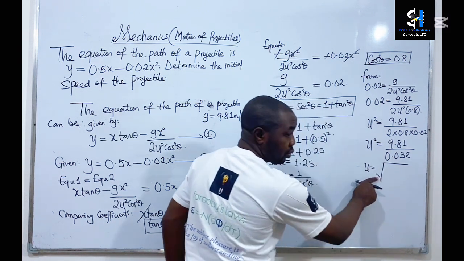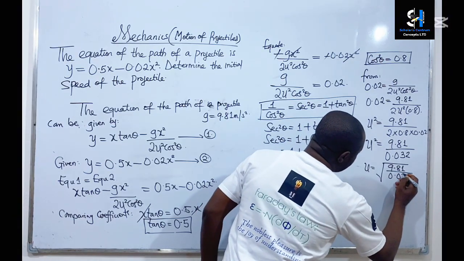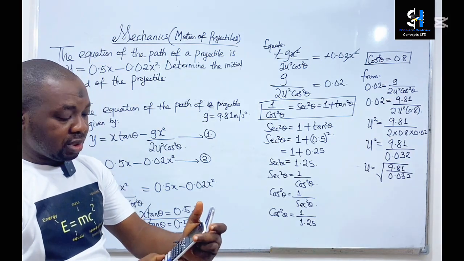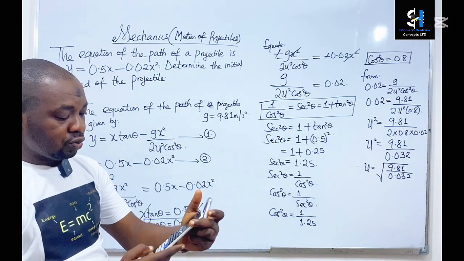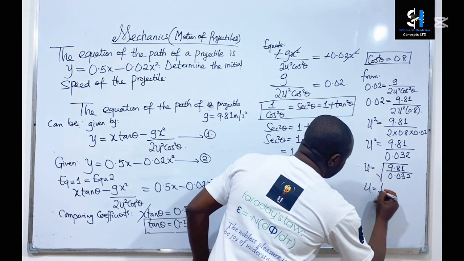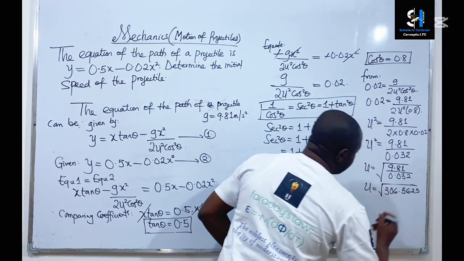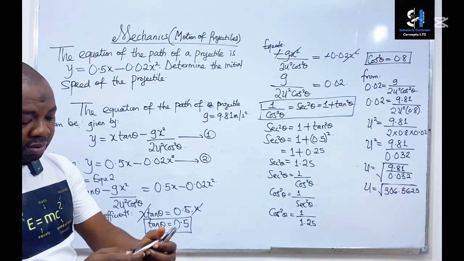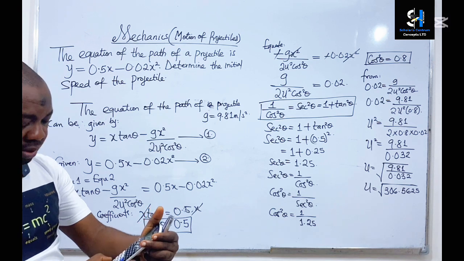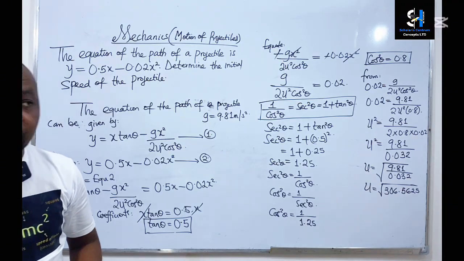Taking the square root of both sides, we take the positive root, not the negative. 9.81 divided by 0.032 is 306.5625, so u equals the square root of 306.5625, which is 17.5.